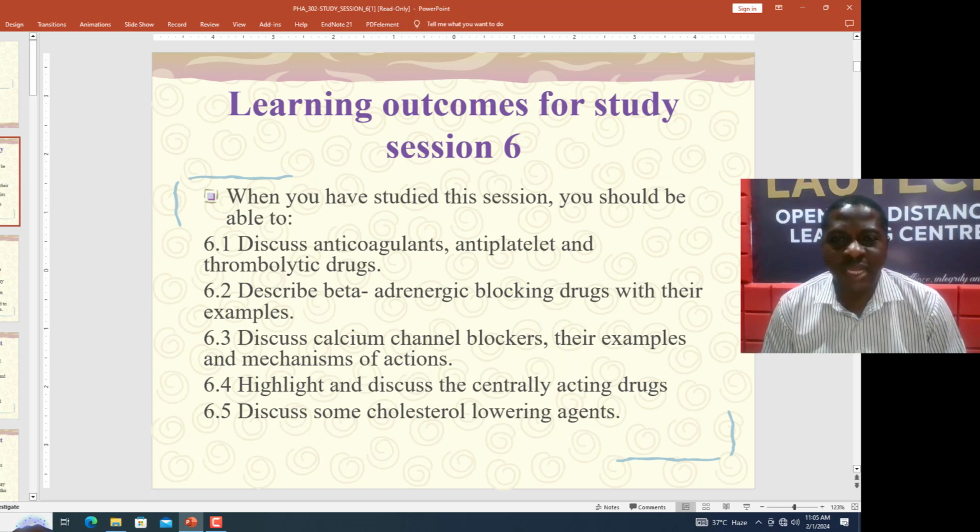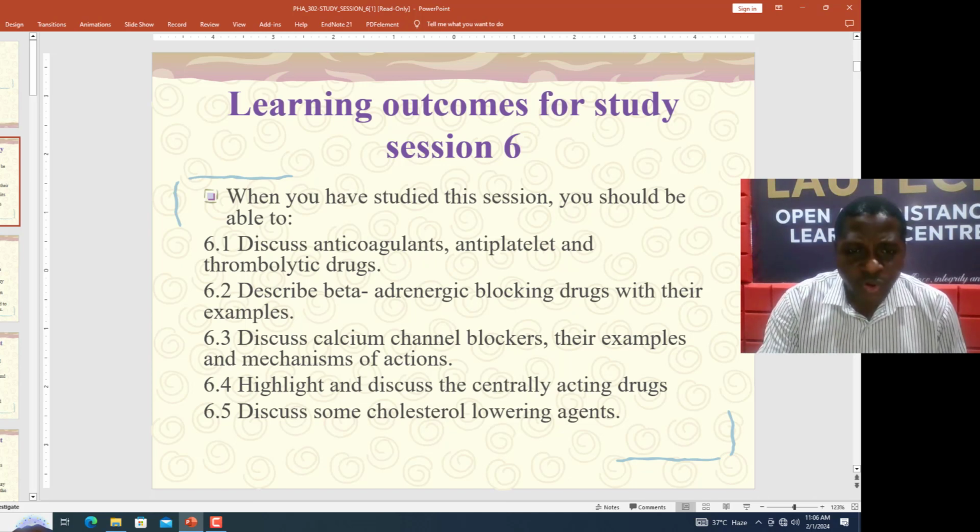Secondly, we looked at beta adrenergic blocking drugs with their examples, and likewise we looked at the calcium channel blockers with their examples and their mechanisms of action. Then we highlighted and discussed the centrally acting drugs, and finally we discussed cholesterol lowering agents.